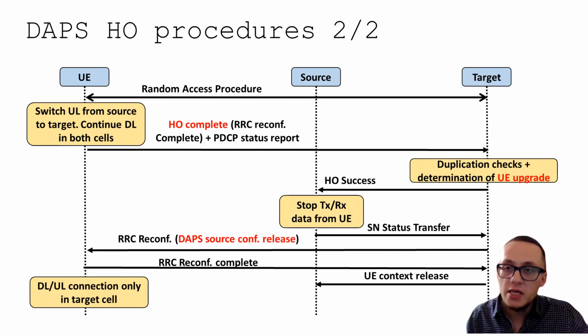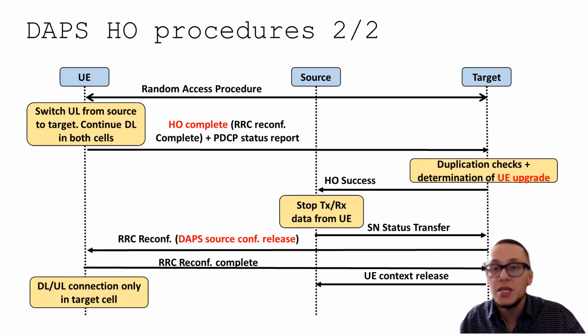So if everything is okay, the target base station sends a handover success message to the source, and the source stops every communication with the UE. Then the target base station sends an RRC reconfiguration with the mark that the configuration from the source cell should be released.